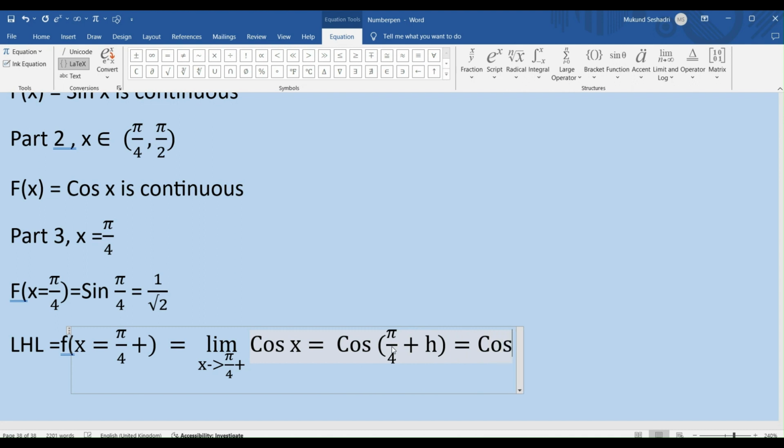I'm left with cos pi by 4, which is cos 45 degrees, which is again 1 by root 2.